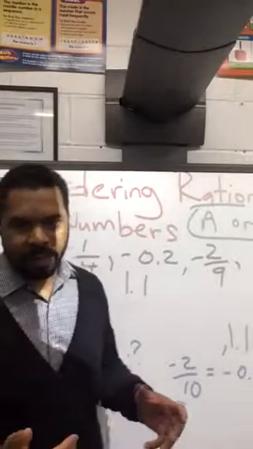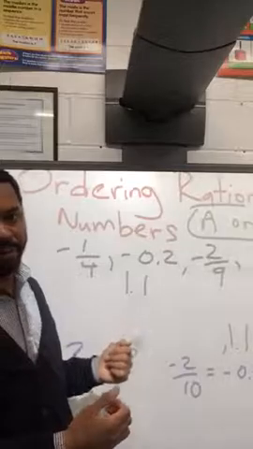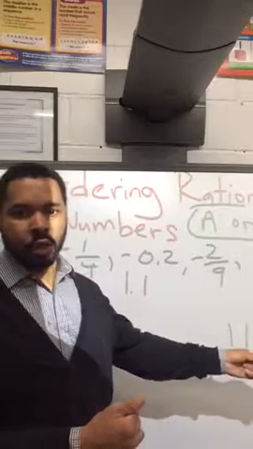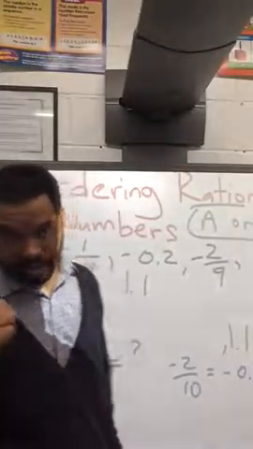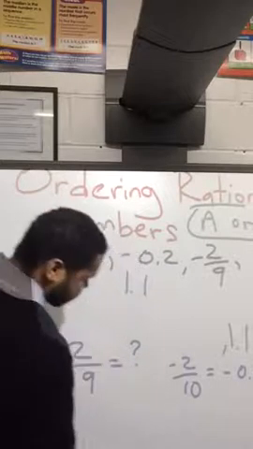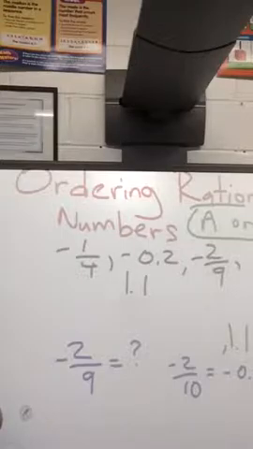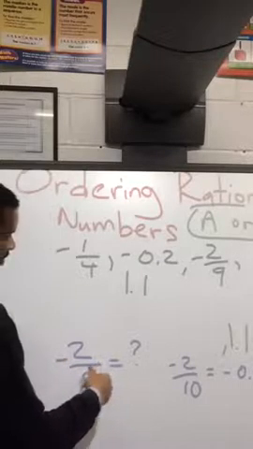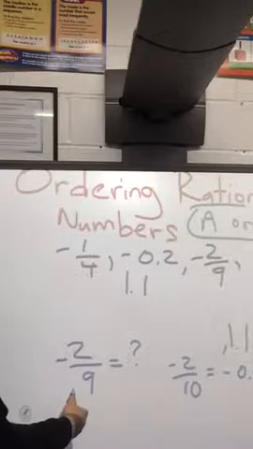If I'm at 0 and I move 2/10 of a space to the left, and in another situation I move 2/9 of a space to the left, in which case did I move farther? Obviously if I go 2/10 of a space to the left, I'm still close to 0. If I go 2/9 of a space to the left, I'm a little further away.